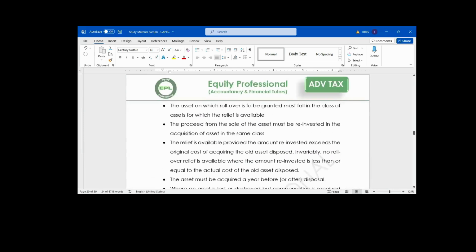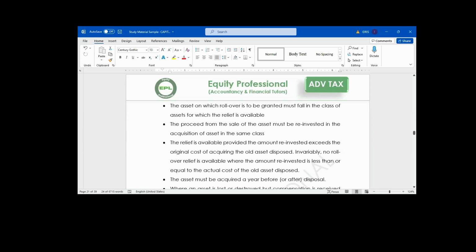Number 2 is that the proceeds from the sales of the asset must be reinvested in the acquisition of assets in the same class. In rollover, we have old assets and new assets. Old assets are the ones that you dispose. New assets are the ones that you want to acquire.